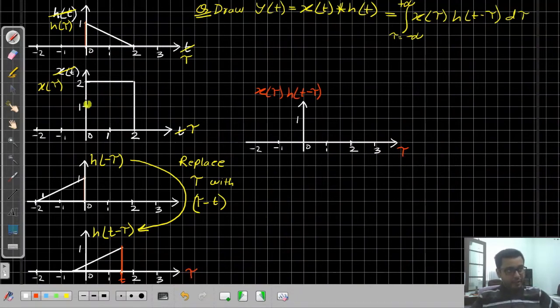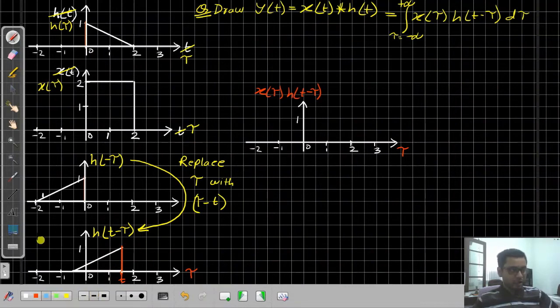If you multiply this signal with this signal, the result will be 0 from minus infinity up to this point, and after this point t, again the result or product will be 0, and within this small region the product will be non-zero.